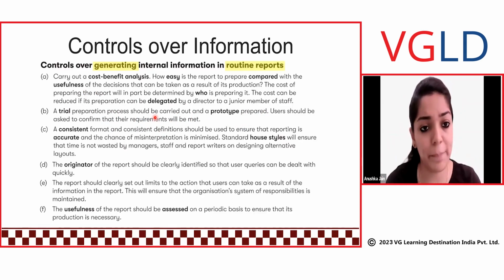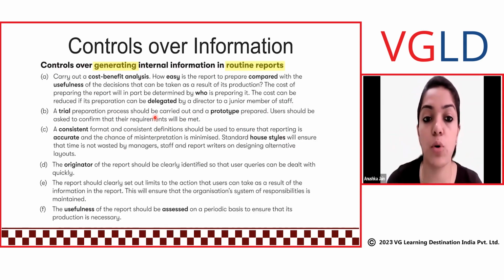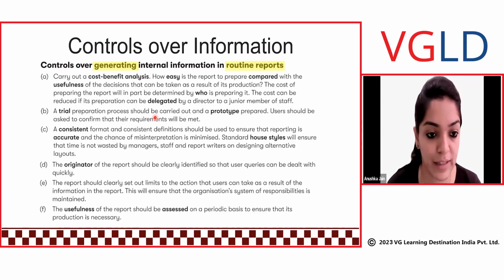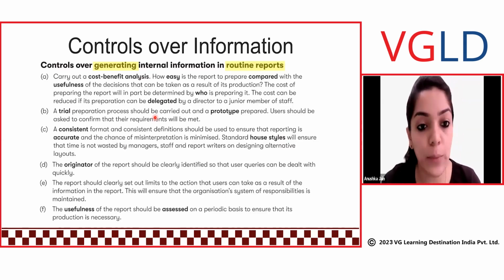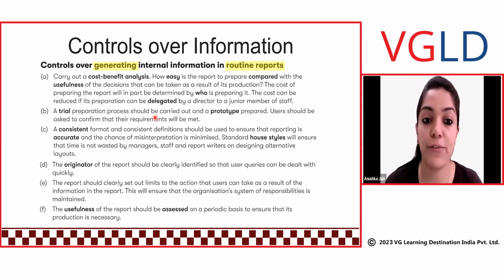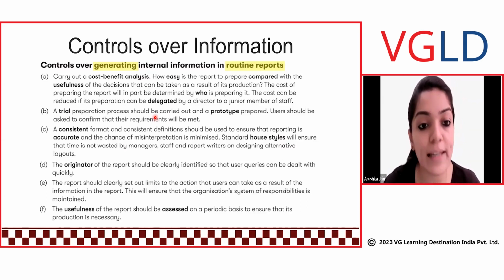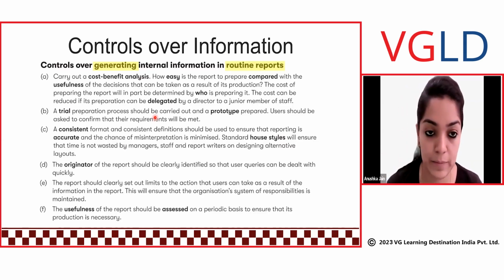You should prepare that sample and then ask the users whether all your requirements are being met through this report or not. Okay. So when a new requirement comes in for a routine report, it should be checked whether that report is fulfilling the needs of all the users who will need it.